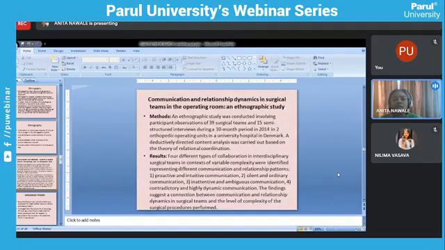For example, I have taken this example from our scenario: communication and relationship dynamics in surgical teams in the operating room, an ethnographic study. What is this study? They used the ethnographic research design, taking 39 surgical teams working in two different operation theaters.